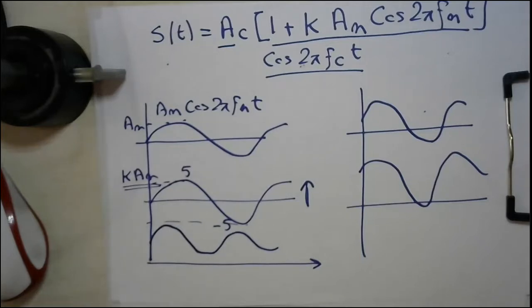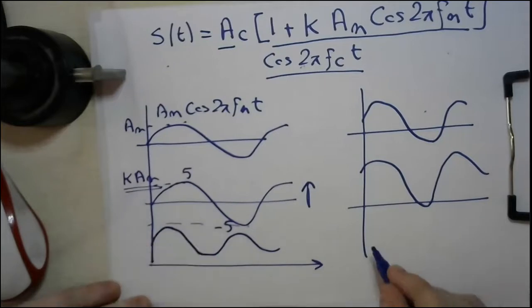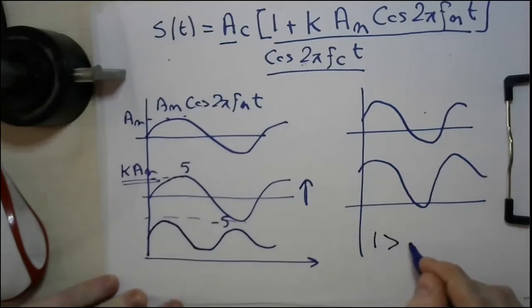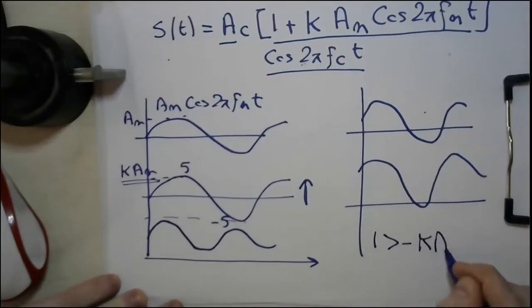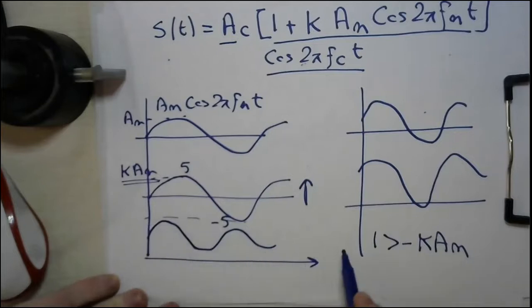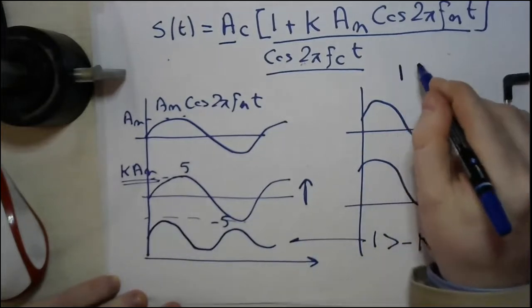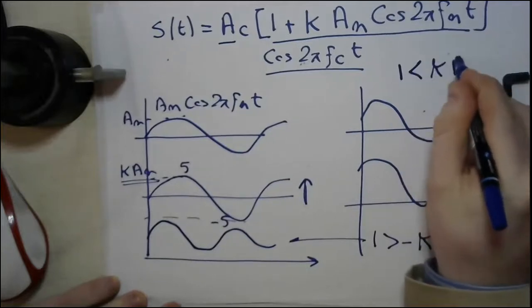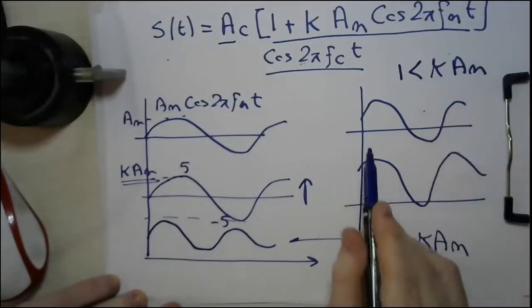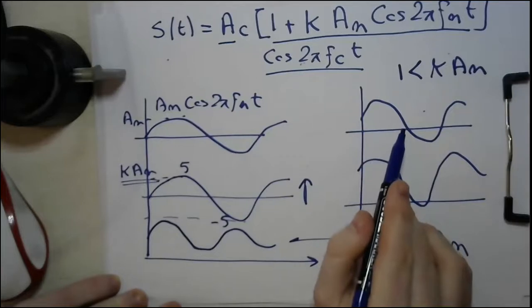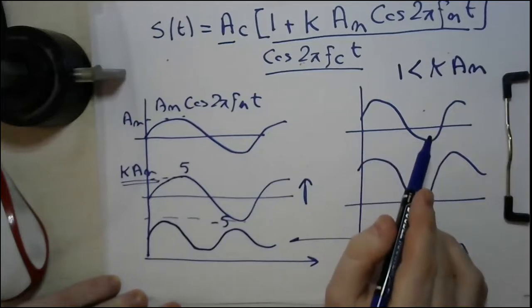So if 1 is greater than kA_m, then the 1 will shift it totally to this version. If 1 is smaller than kA_m, then you will have part of the signal positive and another part of the signal negative.